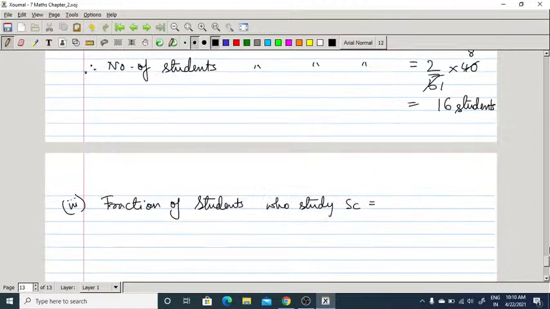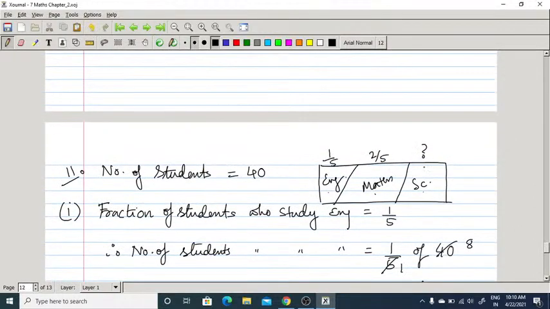In the third part, you have to find out the fraction of the total students who like to study science. So what is the fraction? The fraction of students who study science is equal to, what will it be? See the picture again. This whole thing is how much? 1, isn't it? So this is 1 by 5 and this is 2 by 5.